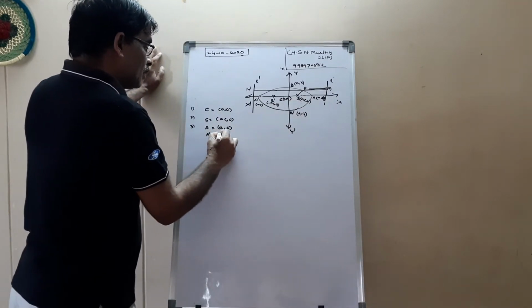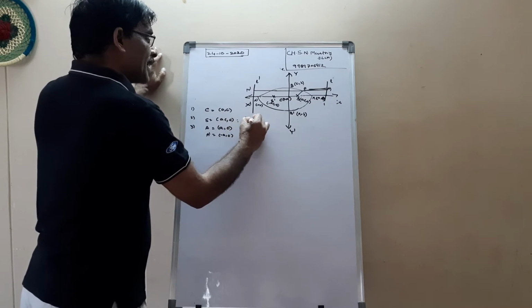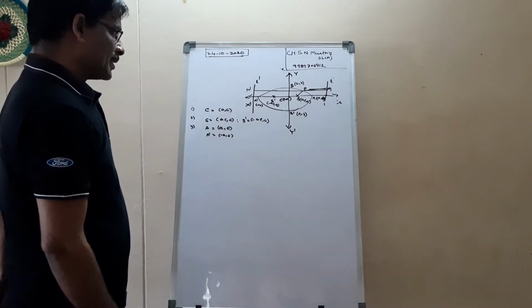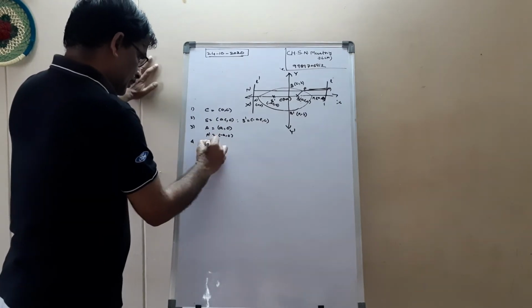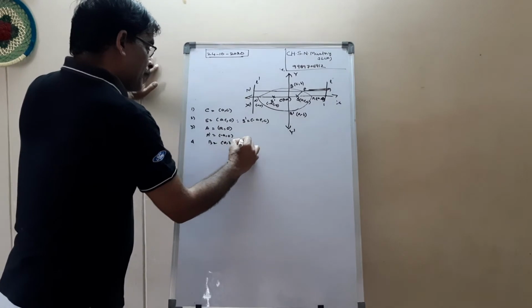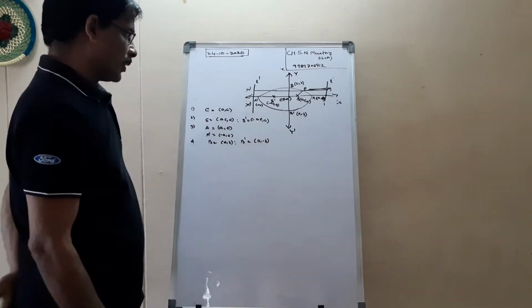A dash equal to minus A comma 0. Here also you write S dash equal to minus AE comma 0. Next, B, 0 comma B, and B dash equal to 0 comma minus B.